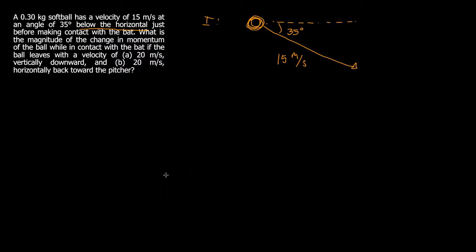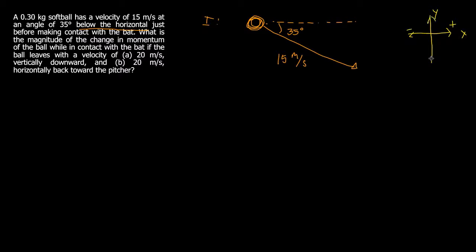Para ma-use natin ang conservation of momentum, kailangan natin i-bisect yung mga velocities into its x and y components. So, let's say that yung sa x component, yung papunta sa right, yung positive, while yung papunta sa left, yung negative.